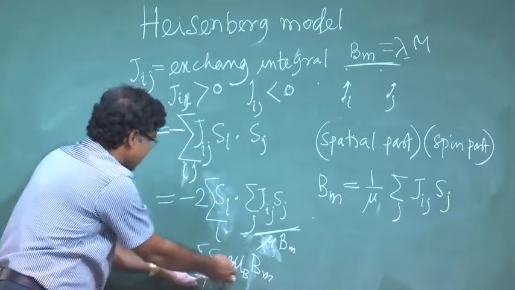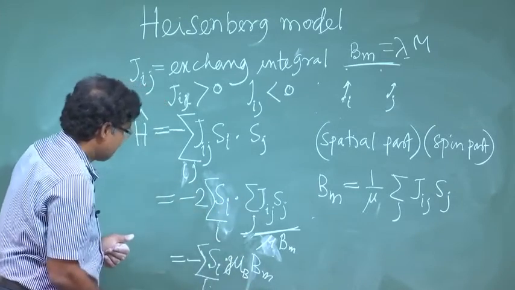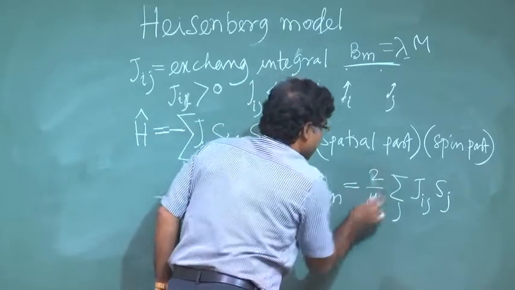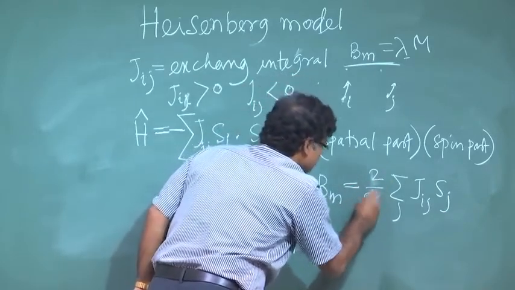So that will be equal to this one. Now if you equate this, then yes, that is why I was missing this 2. So let me write 2 by G mu V.